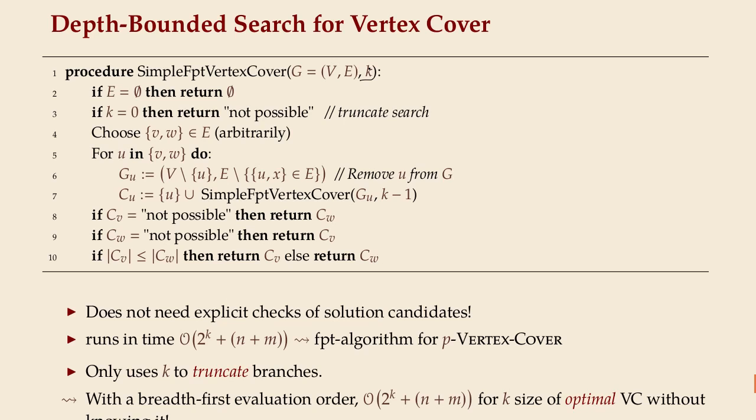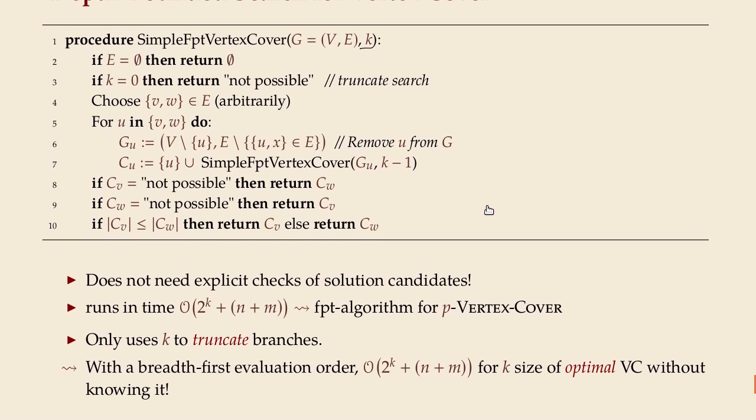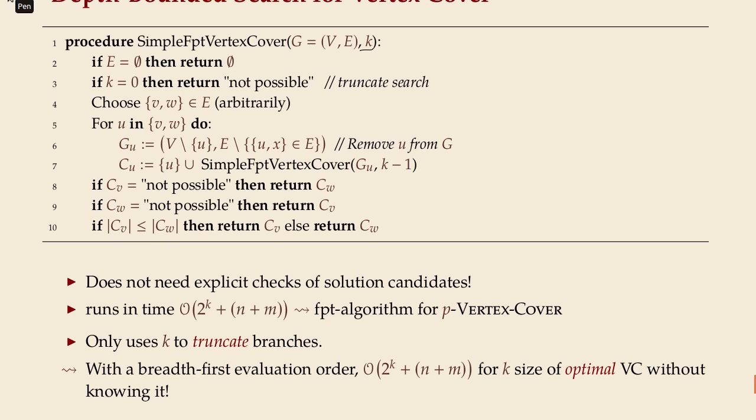The algorithm is as we've seen before, but I've written it down as a recursive function because there's a few points we might otherwise overlook, I think. So the first thing is here we choose an arbitrary edge of the graph, and then essentially do the two branchings. You either take one endpoint into the solution or the other. So both partial solutions are possible.